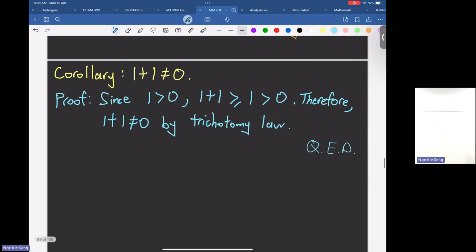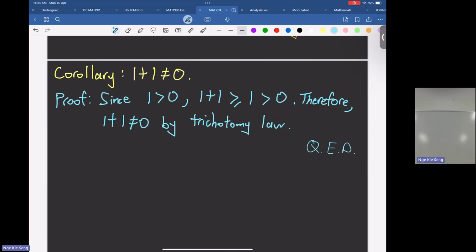But now we showed that 1 is strictly greater than 0. And so by transitivity, we can see that 1 plus 1 is greater than 0, which is not 0. So 1 plus 1 is not 0 in this world, so that we don't collapse too fast.